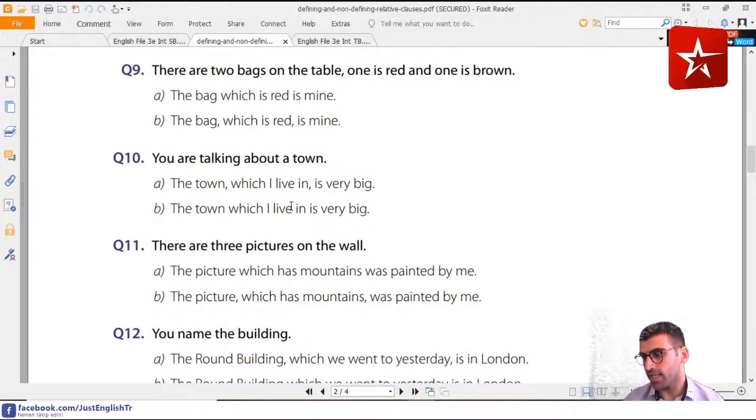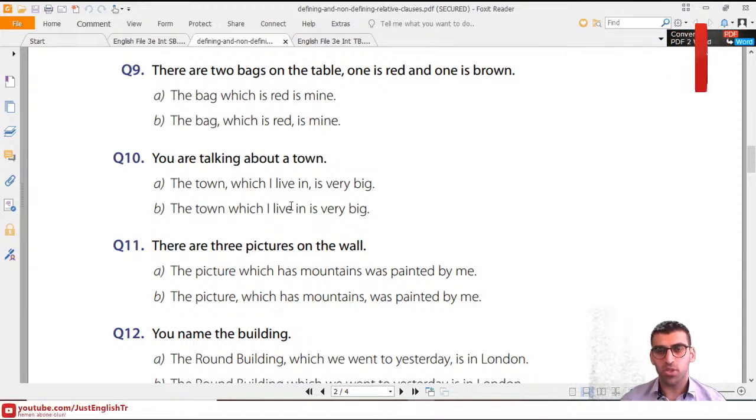So number 9: Gülsafa says B, Ceyda says A, Münevver says A. So which one should I choose? I will tell you the correct answer. There are 2 bags, not one bag.